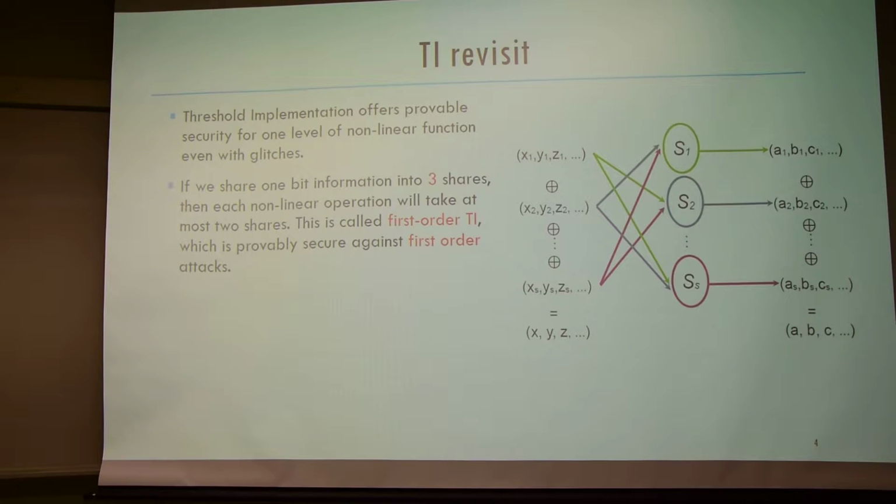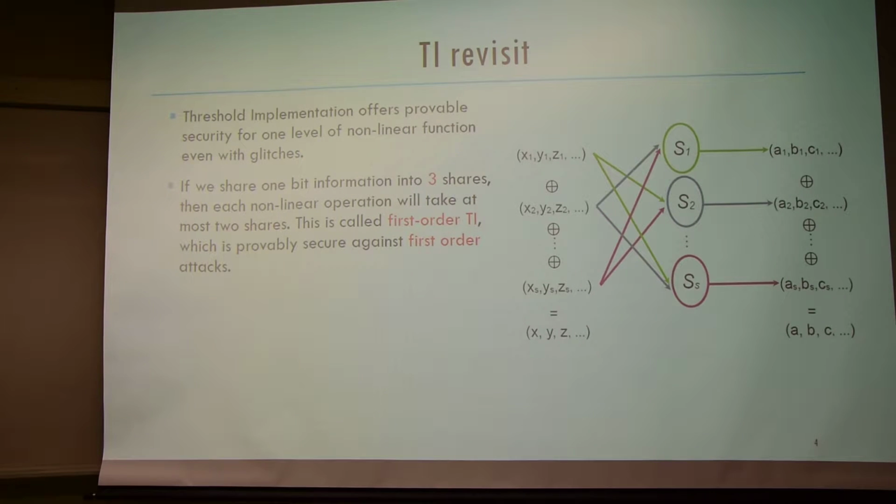Okay, so this is what we had last time. That's the end of story for last Monday. Last lecture. So we talk about threshold implementation. Right? Threshold implementation can offer provable security for one level of nonlinear function, even with glitches.